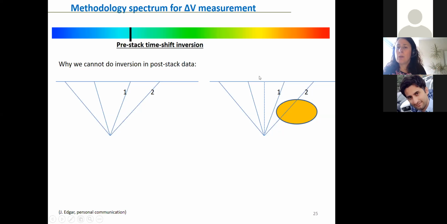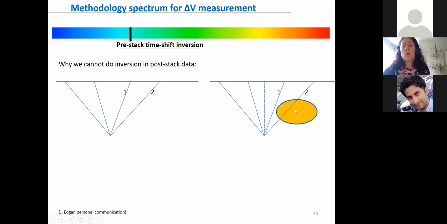So you will have this measurement of time shift over here, and if I'm doing a post-stack time shift inversion using this trace, I'm going to position my velocity change in this spatial location. Well, that's not right, the spatial location was over there.